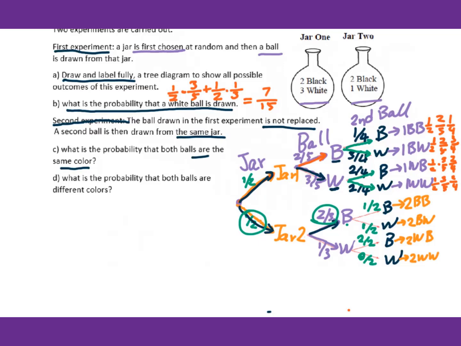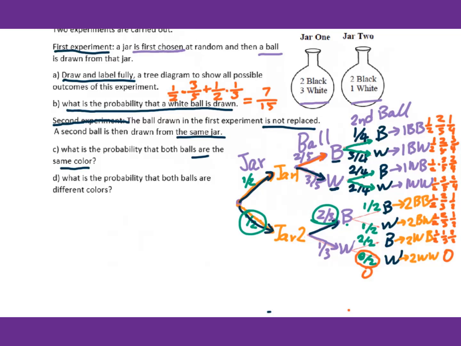For draw 2 black, that is 1/2 times 2 over 3, 1/2. 1/2, 2 over 3, and 1/2. For this one, 1/2, 1 over 3, and 2 over 2. Since 0 over 2 is 0, that's why this one will be 0.